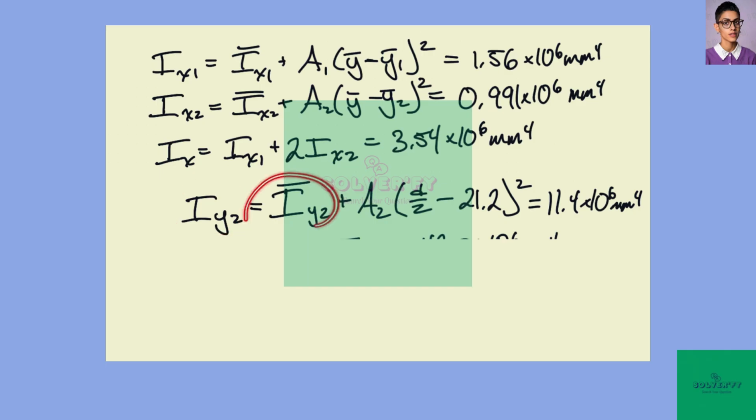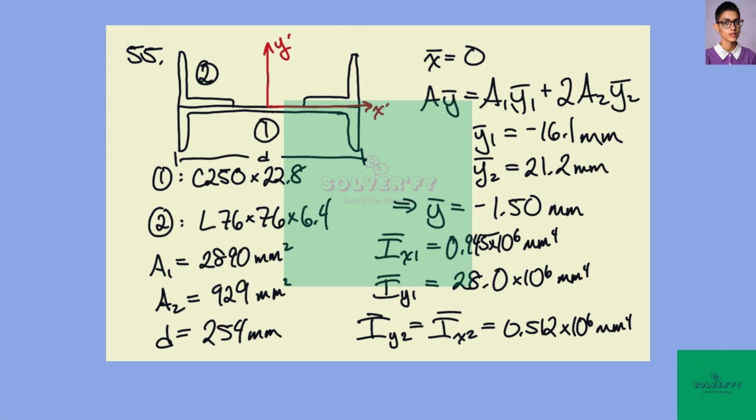So IY2 is the area moment of the L angles about their own centroidal y-axis. Then we have the area of the L angle and d over 2. Okay, so the distance here, that's the distance it shifted to this point.